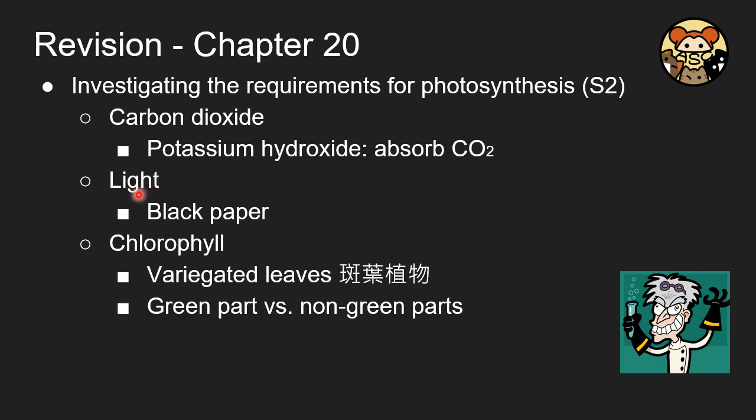In order to test the presence of light, which is important for photosynthesis, we will use black paper or aluminum foil to block the sunlight. As for the chlorophyll, we will use variegated leaves, where not the whole leaf is green in color. Then we compare the starch produced in the green part and the non-green part in order to test that chlorophyll is important for photosynthesis.